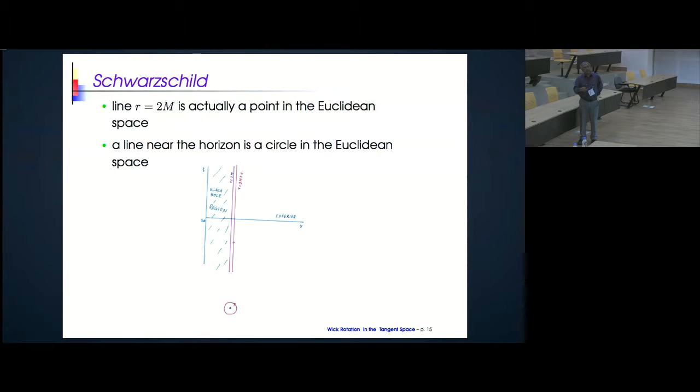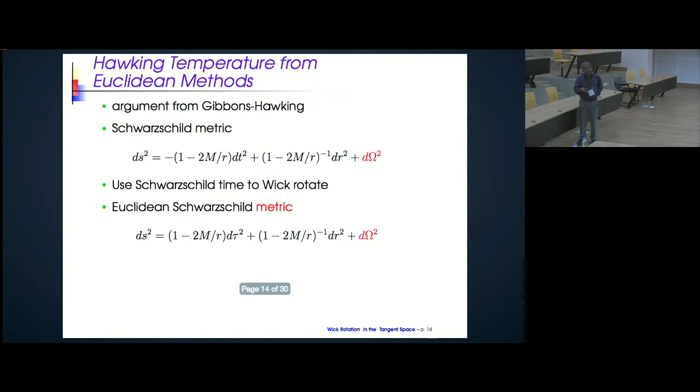So the line, if I look at the t-r plane in 2 dimensions, the horizon is at r equal to 2m. There's a black hole region over here, and this is the exterior. Consider this line here. This line, if you look at the metric, you'll find it's actually a point. Because if I put r equal to 2m, this thing vanishes. So the entire line has got 0 length.